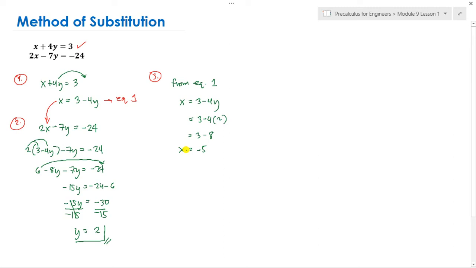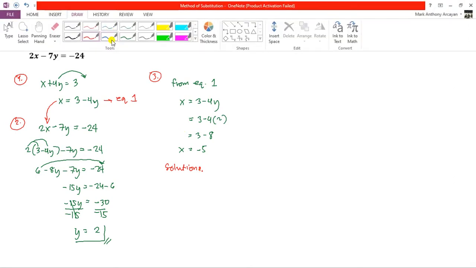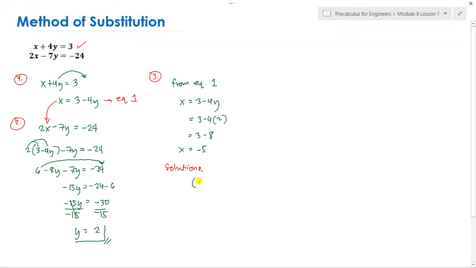So here, we have a definite solution. We can say that our solution, using an ordered pair to represent it, is negative 5 and 2.